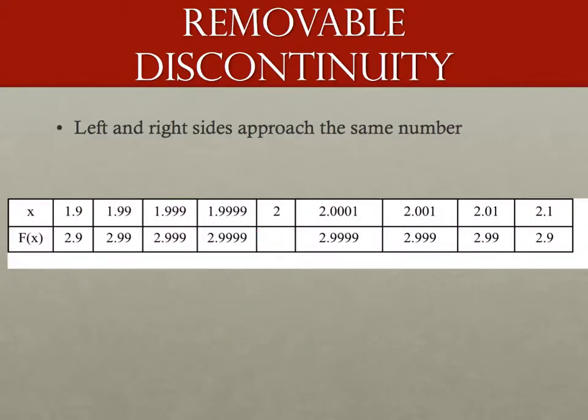Our next example, still approaching 2, and let's start by coming in from the left side. As we approach 2 from the left, it seems that our output values are getting closer and closer to 3. So we are going to say that the limit as x approaches 2 from the left of this function is 3.